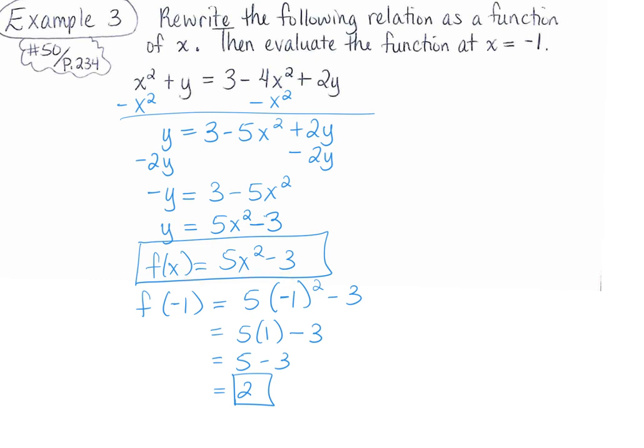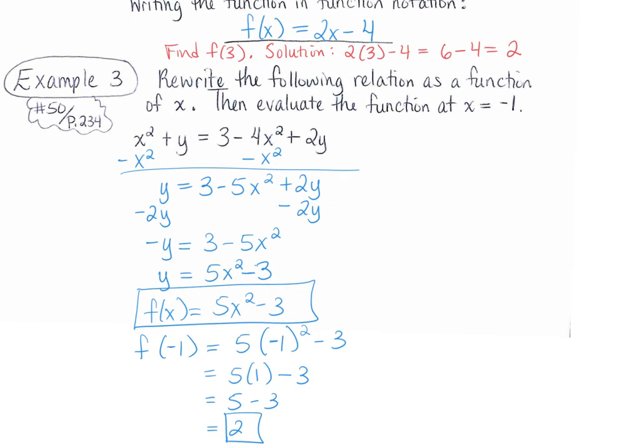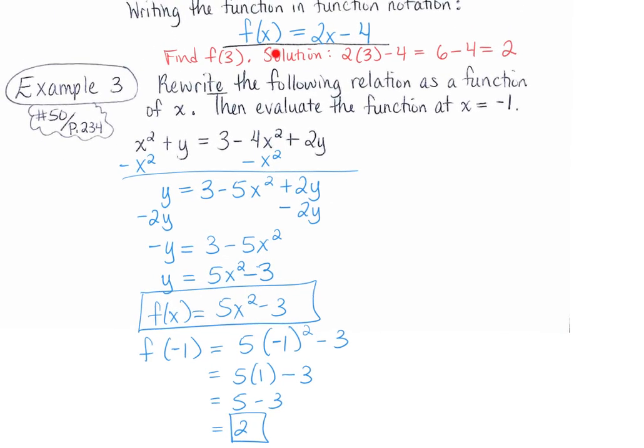Do you mean, is x always going to be negative 1? No. So for example, f of x in this example above was 2x minus 4, and I asked us to find f of 3. So we can choose different x values to evaluate our function at. What other questions do you all have?